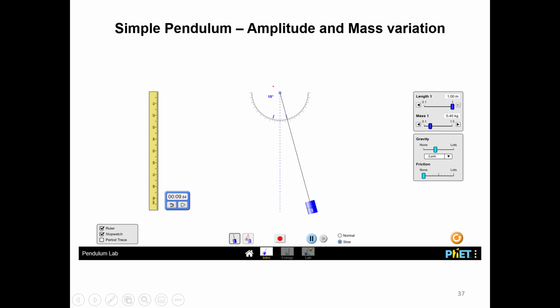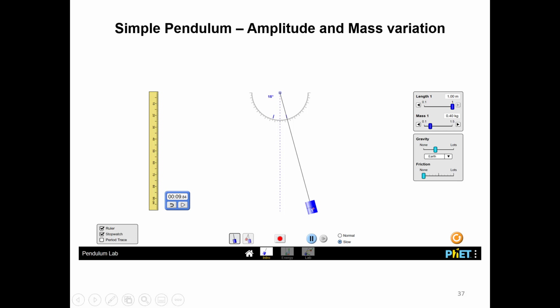The angle will change, and in this way you can change the angle. In the first part the angle is constant, but in the second part we will change the angle. Once you have the parameters you need, drag the pendulum to the angle you need.